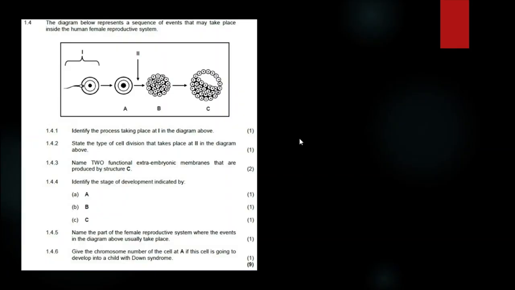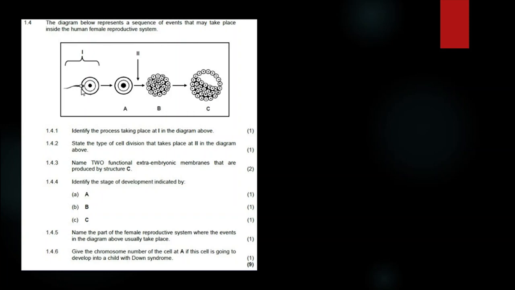It says that the diagram below represents the sequence of events that may take place inside the human female reproductive system. The first question, identify the process taking place at 1 in the diagram above. That is fertilization. As you can see, the sperm there and the ovum.